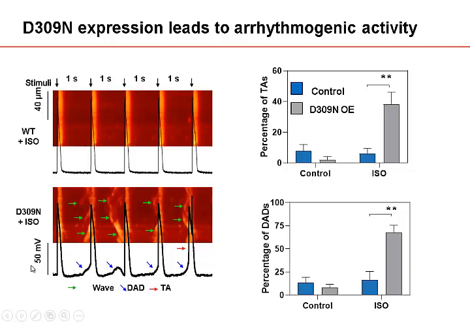In contrast, in the 309 mutant group under the same condition, the calcium transients were tangled with chaotic calcium waves and delayed afterdepolarizations, or DADs. When the development of a DAD reached the threshold of sodium channel opening, a spontaneous action potential or triggered activity was initiated.